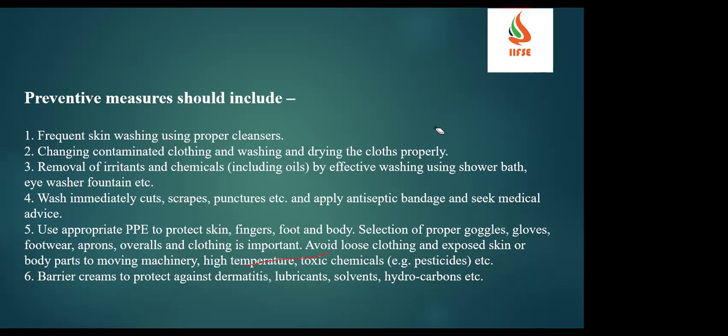Once you get contaminated, remove the clothes which have been exposed to the chemical and remove the irritants or chemicals, including oils, by effective washing using a shower or bath. So you have to take a good bath to remove the contaminants you have been exposed to.